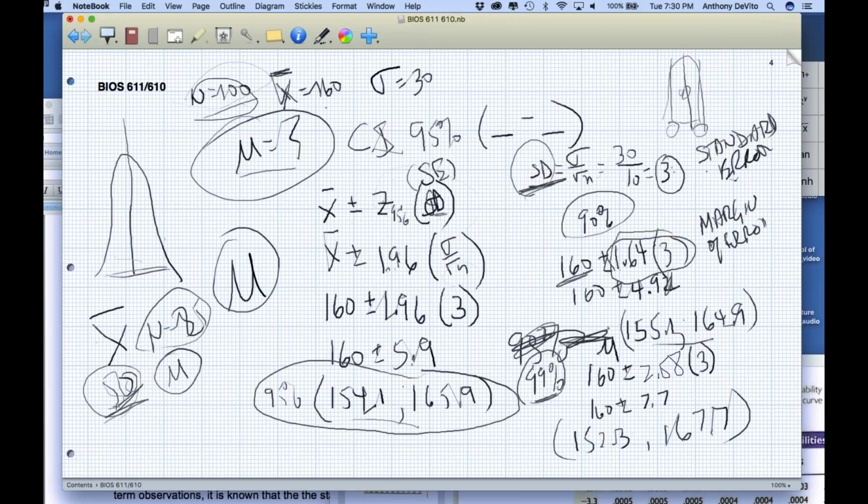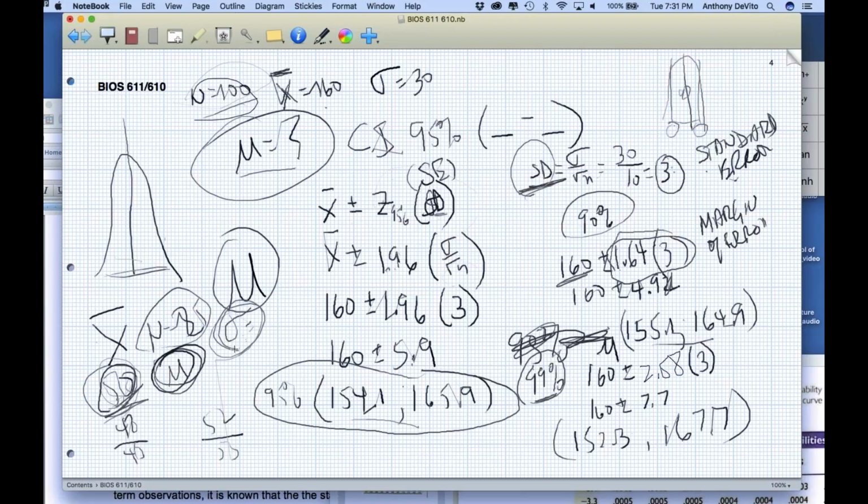But if we know something about the way the population is distributed, in other words the spread, the standard deviation, then we can take advantage of knowing the sample mean and the standard deviation to predict a range within which we would expect to find the mean. It may not be 50, it may be between 48 and 52, or between 45 and 55.